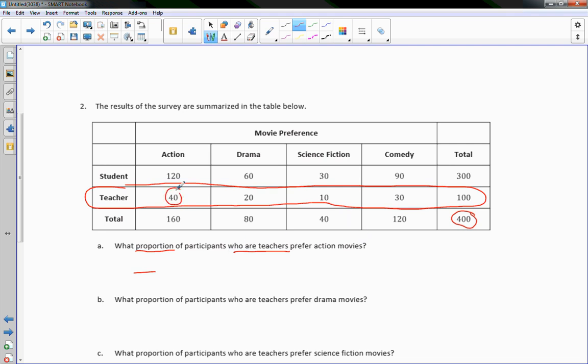Well, action movies is right here, so that would be your numerator, and your denominator is the total number of teachers in that category. So it's 40 out of 100. If I reduce that, it's 4 out of 10, or 0.40, which is approximately 40%. Okay. Let's erase that and answer B.